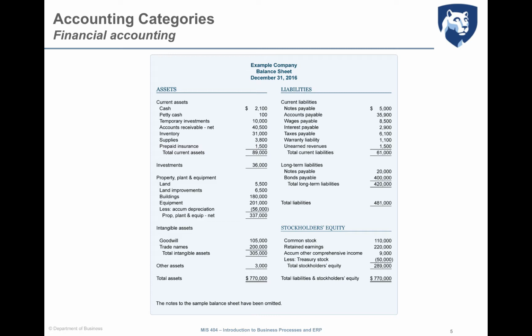Financial accounting in practice gathers data and summarizes information to prepare financial reports. In these slides you can see as an example the structure of the balance sheet, which is one of the possible reports related to financial accounting.